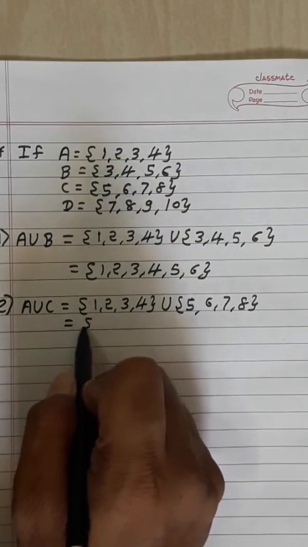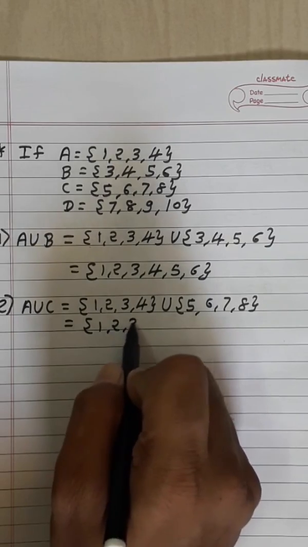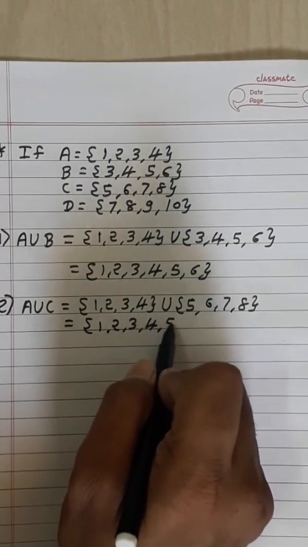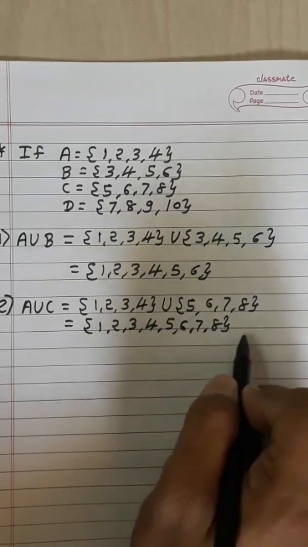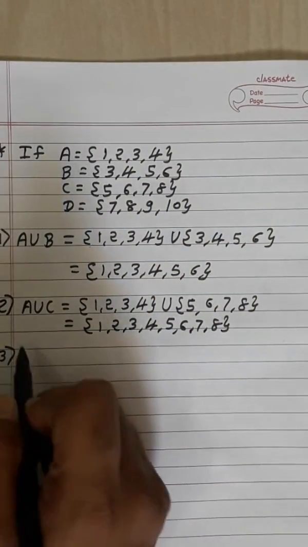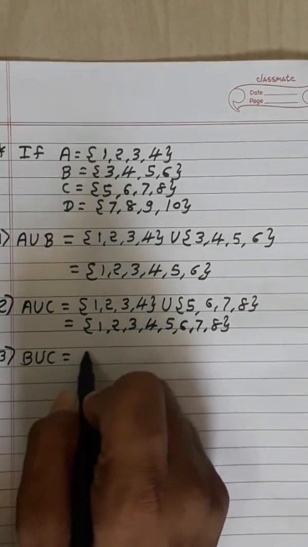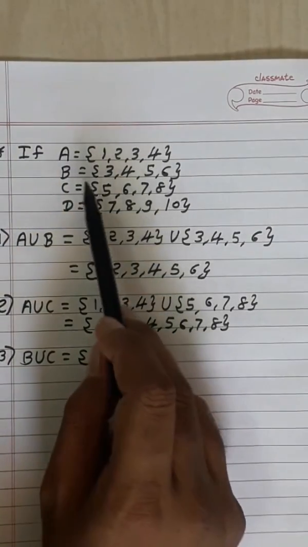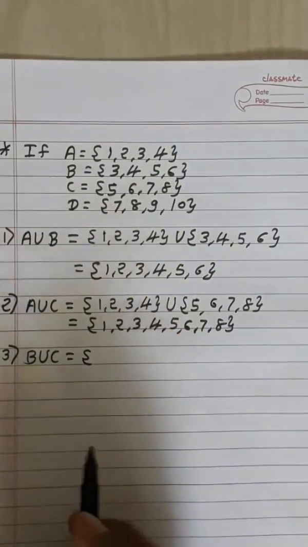So A union C is 1, 2, 3, 4, 5, 6, 7 and 8. Now the next one, B union C. B union C means all the elements of set B as well as all the elements of set C.